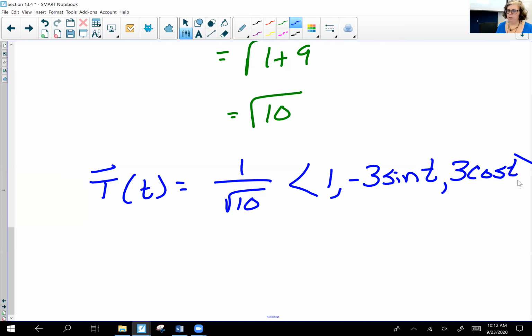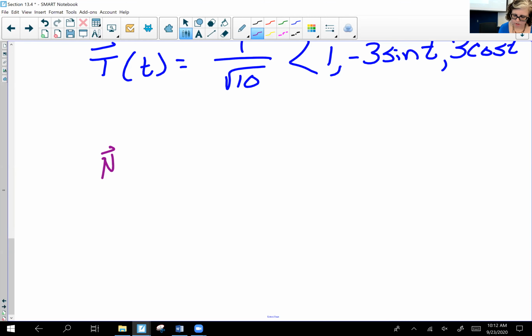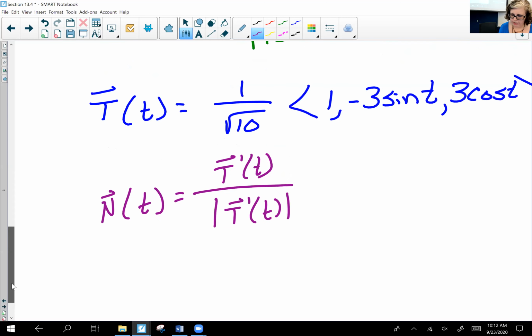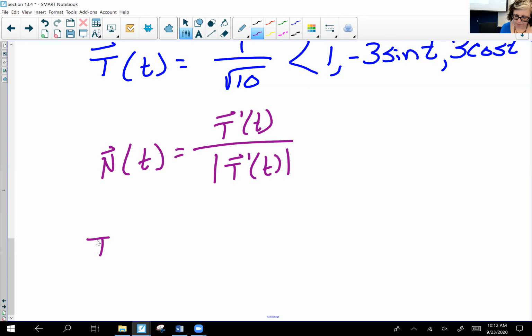Now let's talk about finding our normal vector. Once again, the normal vector is going to be the derivative of the tangent vector divided by the magnitude of the derivative of the tangent vector. So let's find the derivative of this.